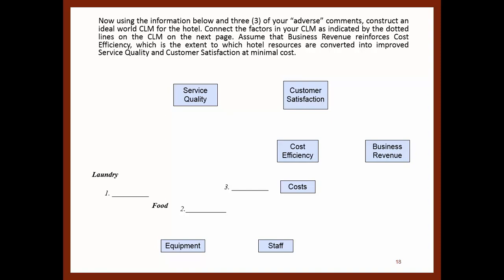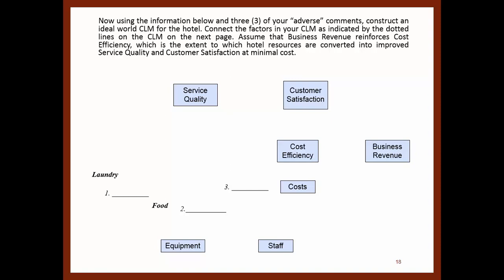So in your case, I have given you the dotted lines. Those lines on the Causal-Loop model assume the business reinforces cost efficiency, which is the extent to which hotel resources are converted into improved service quality and customer satisfaction at a minimal cost.